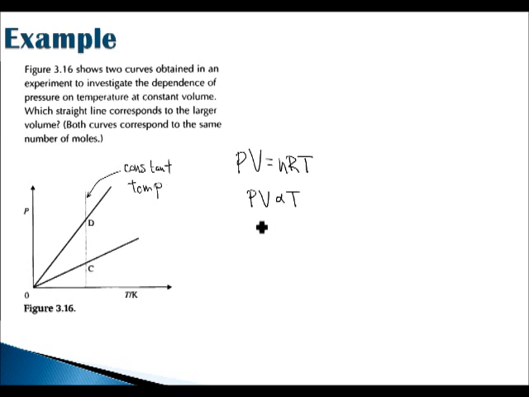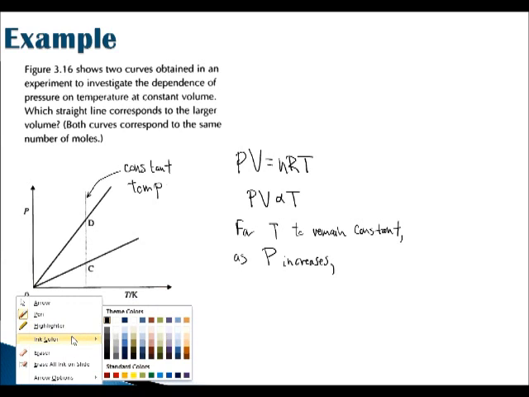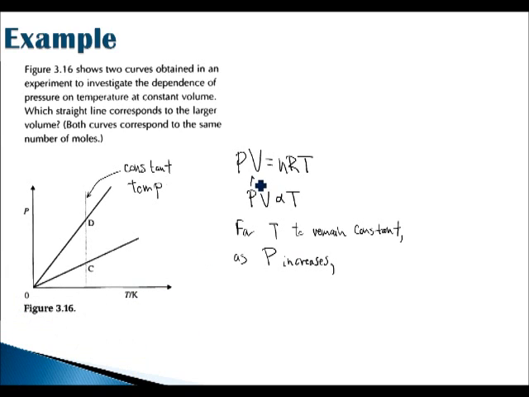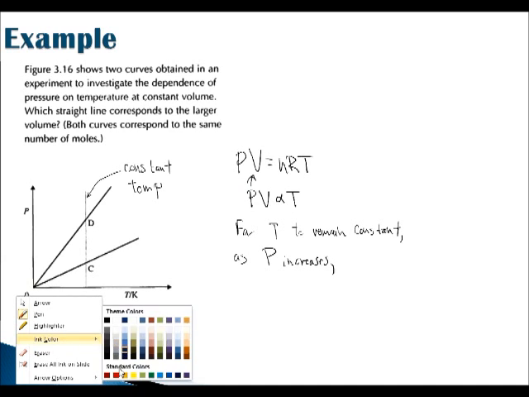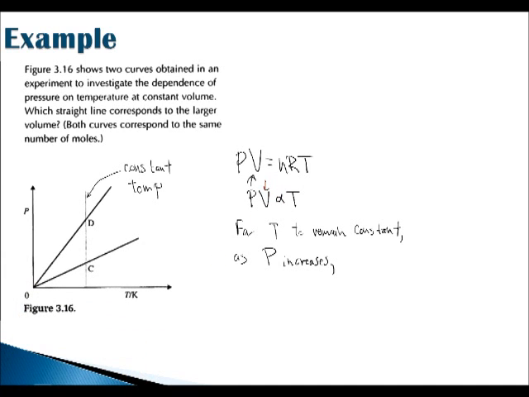Well, we know PV is proportional to T, so if we want T to remain constant, and we know that the volume in each of these situations is constant, so from this equation, T is constant, P increases, so V has to decrease for T to remain absolutely constant, the same number.